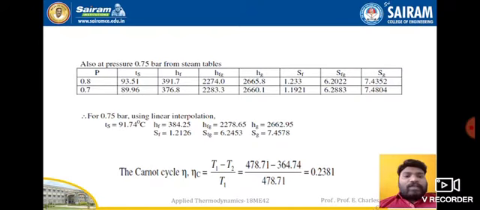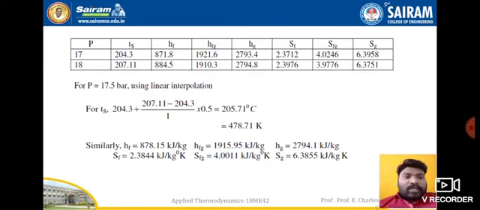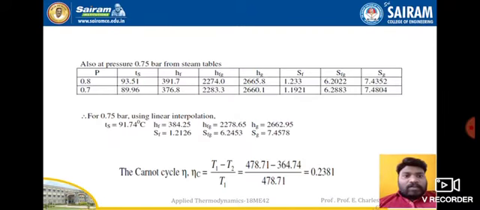Once you find all the values, you need to find the Carnot efficiency. The Carnot efficiency is equal to, as we have already seen, T1 minus T2 divided by T1. T1 is known, as shown in the previous slide: Ts is equal to 478.71 and T2 is equal to 364.74.